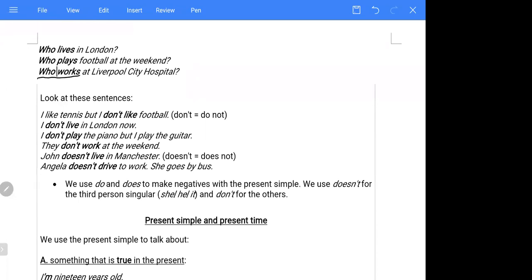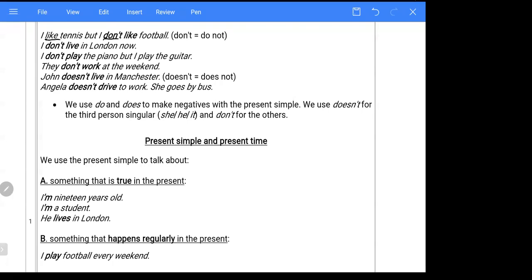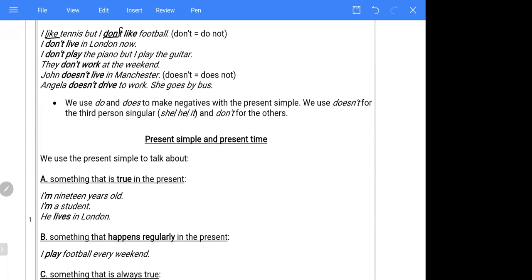Look at this sentence again. I like tennis, but I don't like football. You see, we used like here without do or does because the statement is positive. But when we want to make it negative, we used don't. Again, I don't live in London.